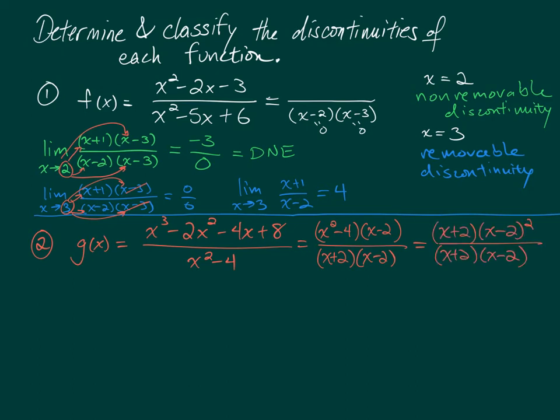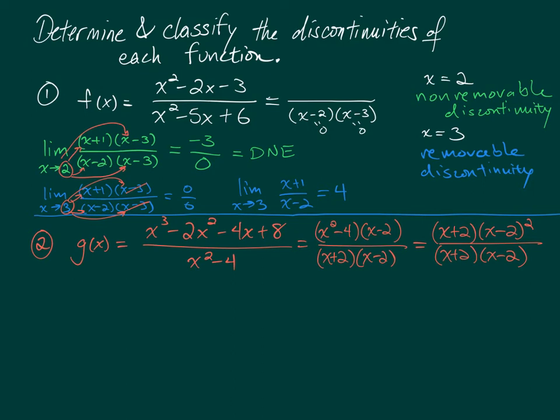Looking at the numerator using factor by grouping, you can group the first two and the last two terms, factor an x squared from the first two, and factor a negative 4 from the last two terms. That's where the x squared minus 4 is, and you're left with an x minus 2 left over. The denominator, x squared minus 4, factors into x plus 2, x minus 2 by difference of squares factoring.